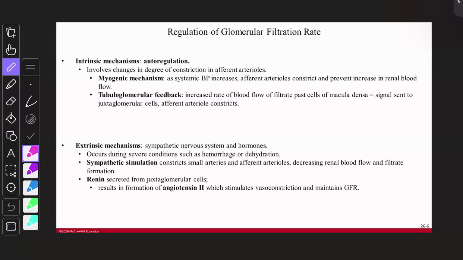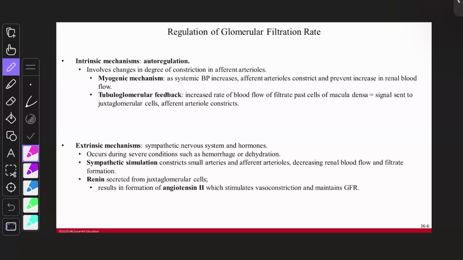That speed is detected by the macula densa. You guys remember when we looked at that picture and there were those funny looking cells in the distal convoluted tubule, right? Those are the macula densa, and they detect the rate of filtrate as it flows past them.